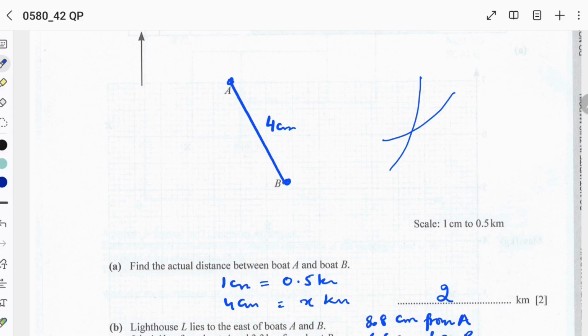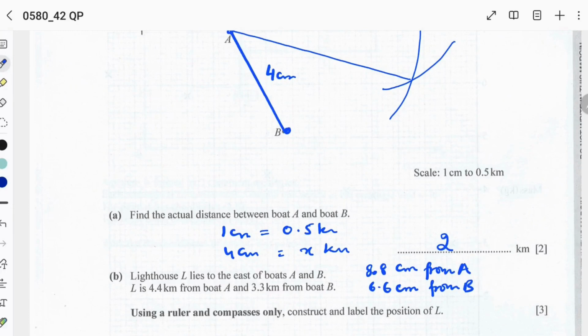I just kept the 8.8 longer. For accuracy, whenever you use your compass and ruler, then you will have the correct diagram.